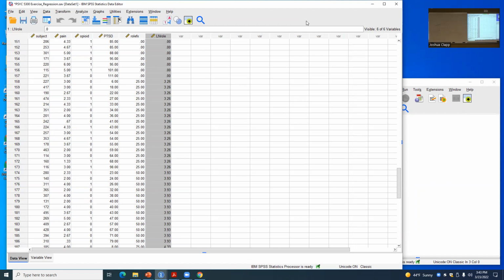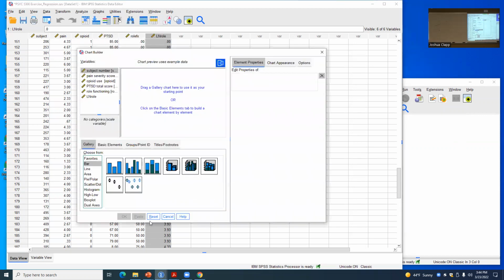So what we're going to do, because it wouldn't be terrible here since we don't have that many predictors, but it can get pretty intense with a bigger model, is go to Graphs, Chart Builder. We're going to go to Scatter/Dot, and down here to Scatter Plot Matrix.